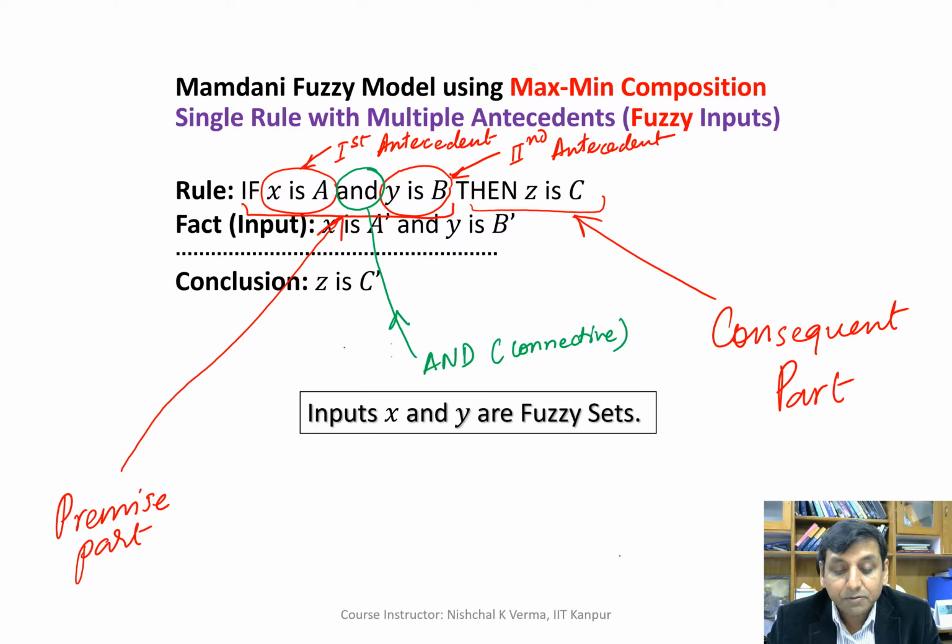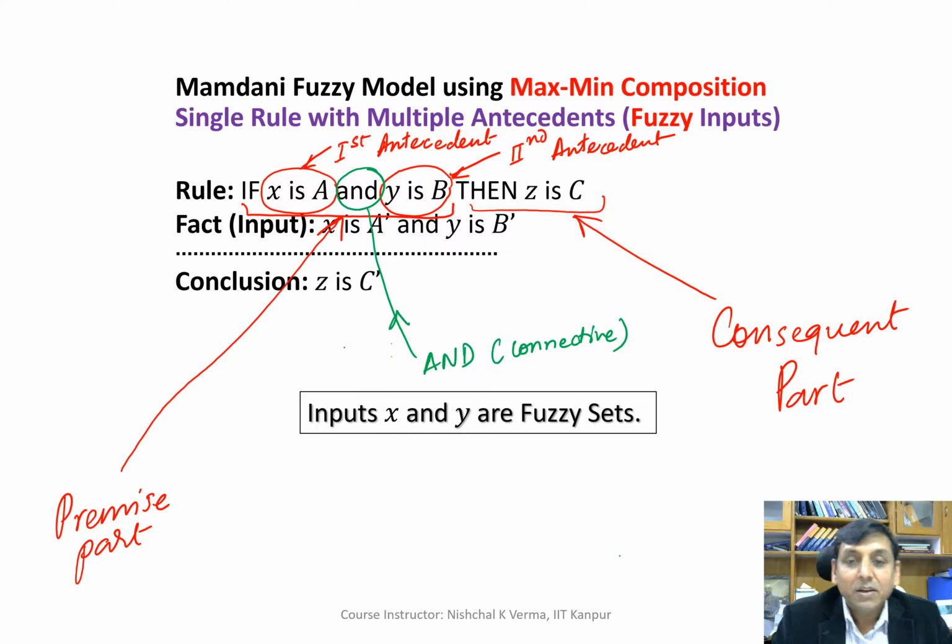So in this fuzzy premise part we have two antecedents, and these have x, y as the generic variable values as the input. So x, y are the input. I hope this is very clear now. With this, the Mamdani fuzzy model is available.